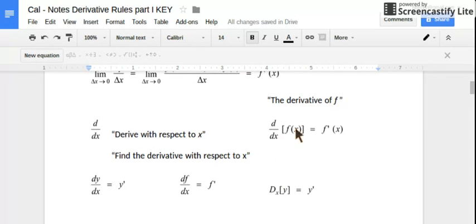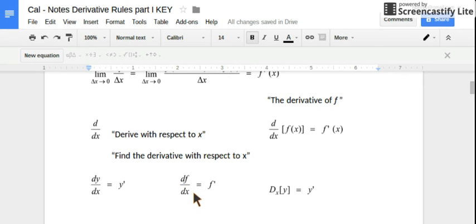We can find the derivative of functions using this notation of a function. If a function is written with a y, we could find the derivative of y with respect to x. We could use that notation, or we could just use y apostrophe. They mean the same thing. We could use a notation that has f of x, or just simply f.